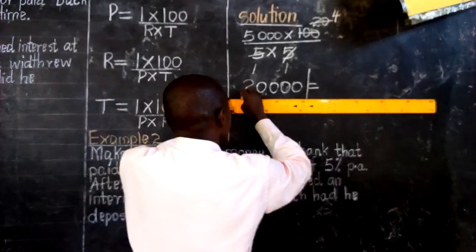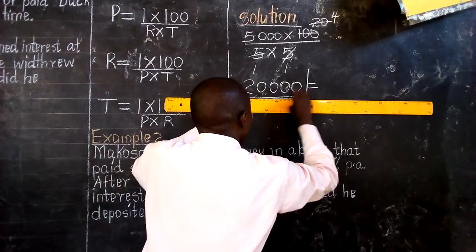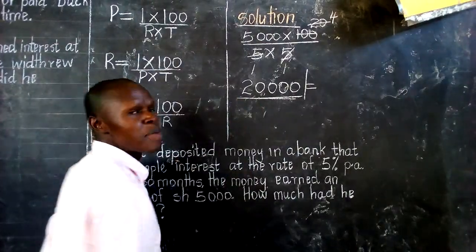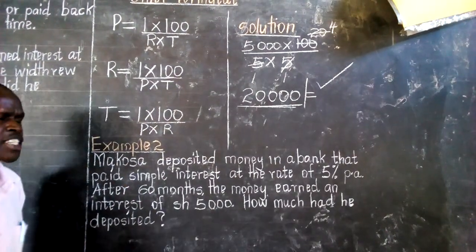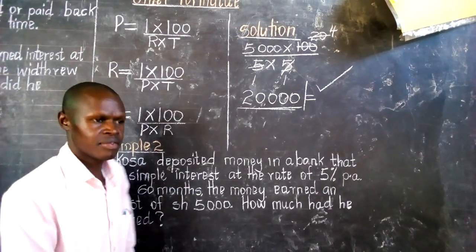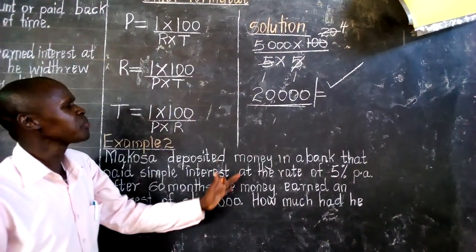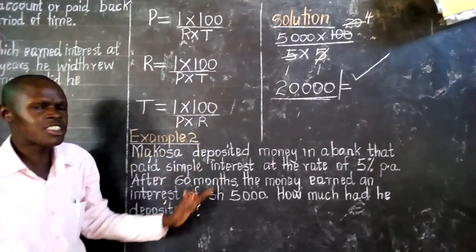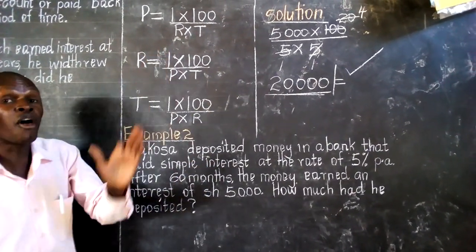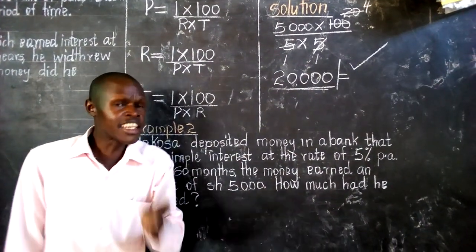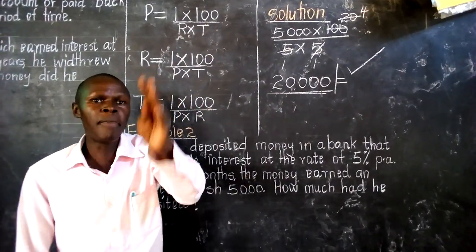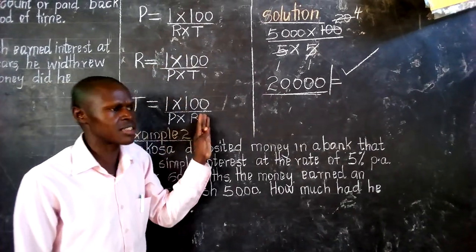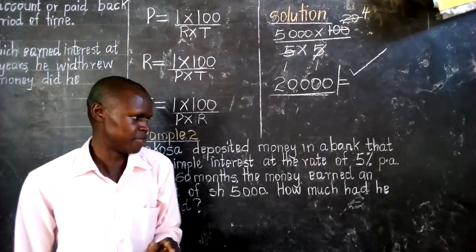After that, you draw or you underline, and this one becomes our answer. The principal will be 20,000. Therefore, learner, this is how simple interest is. The secret is one: master the content, master the formulas, and all will be easy.